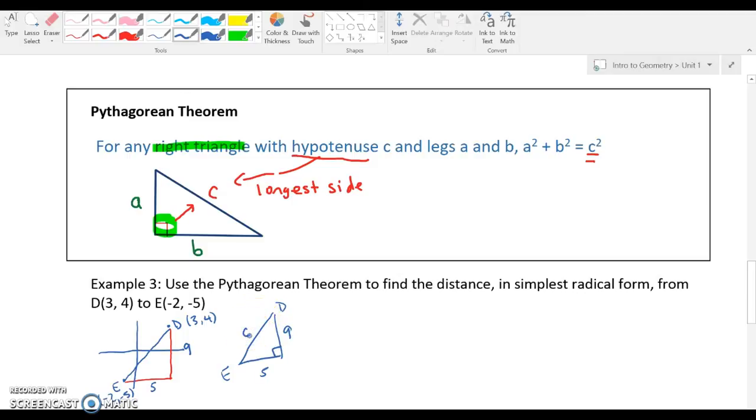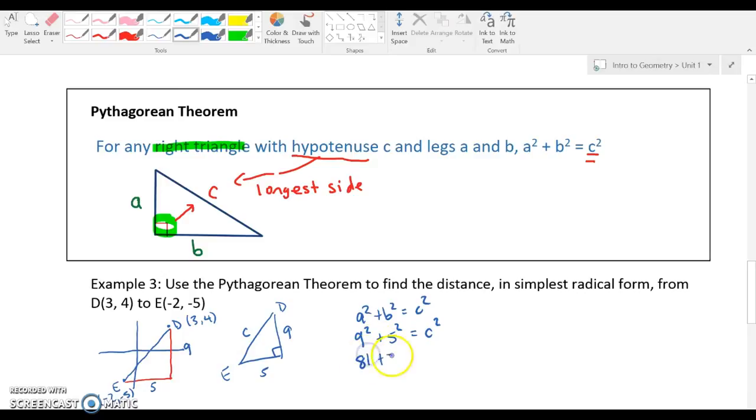So then all I have to do is plug it in to the Pythagorean theorem. And remember, again, the most important part is knowing what side is C, because A and B are interchangeable, right? So since we're looking for C, all we have to do is plug in 9 and 5 for A and B. And again, it doesn't matter which one's A or B because that sum is going to be the same regardless, okay?